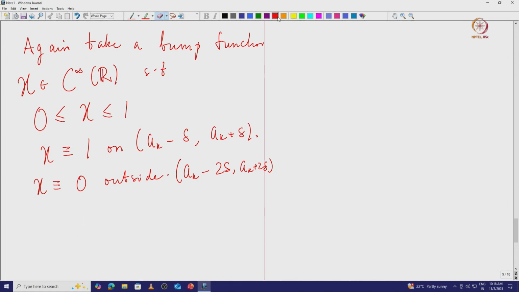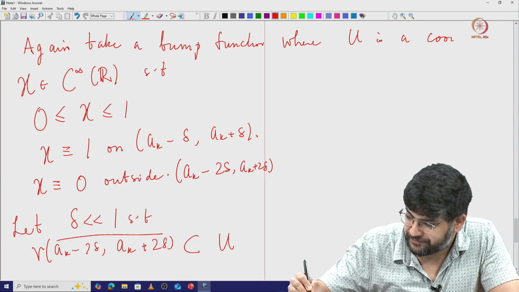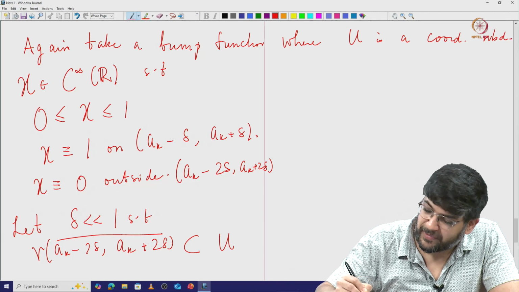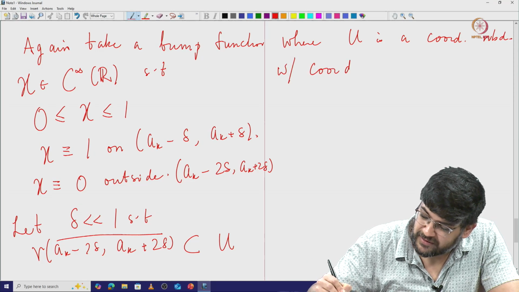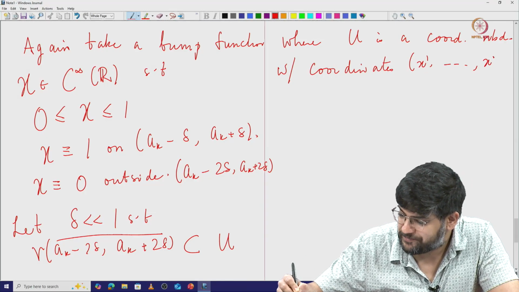So let delta be small enough such that the closure of this interval under gamma is contained inside U, where U is a coordinate neighborhood with coordinates x1 up to xn.